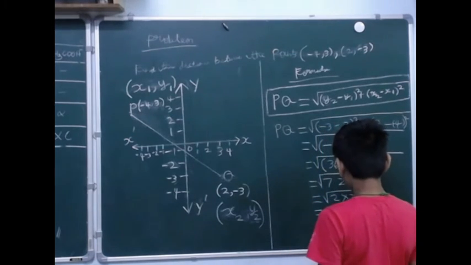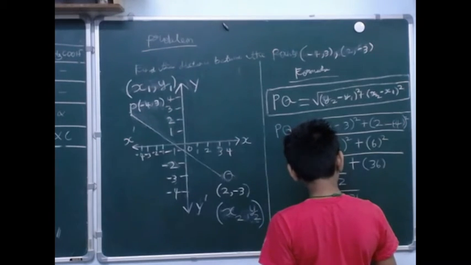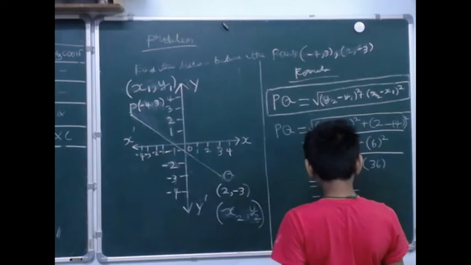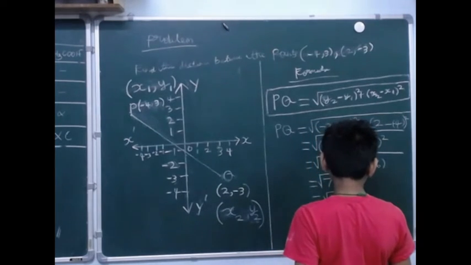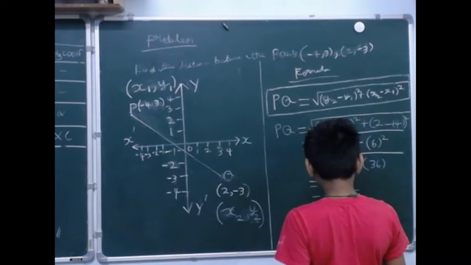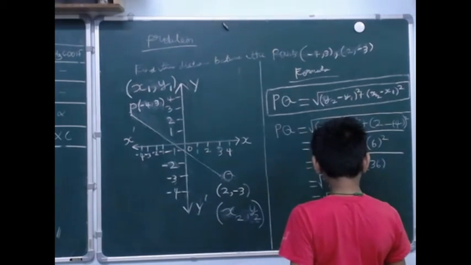Root of 2 into 36. What is root 36? Root 36 is equal to 6. Now we put the root 2 here: 6 root 2. And you want to write units.